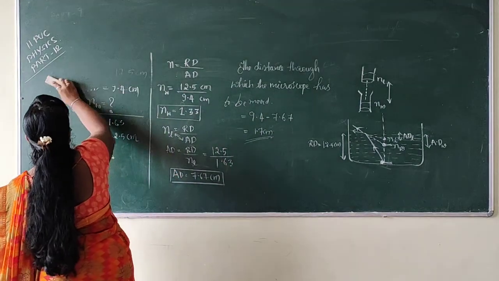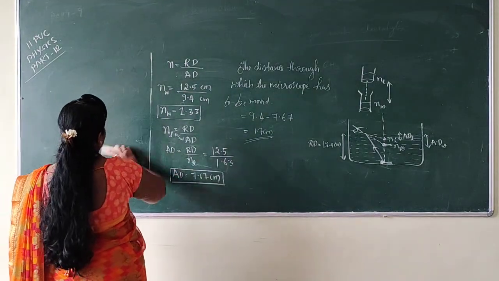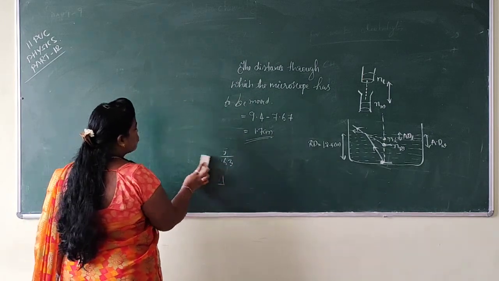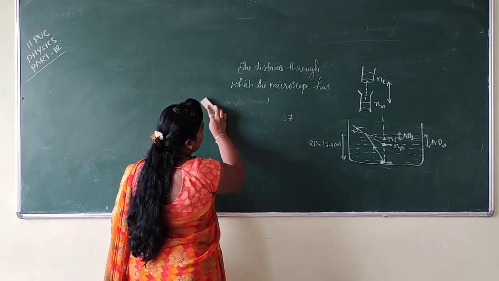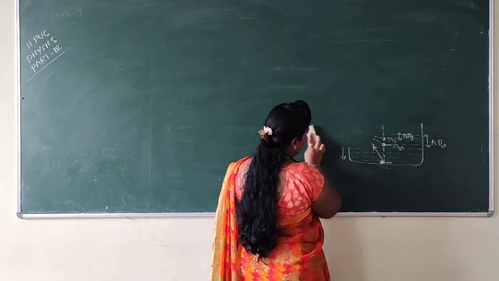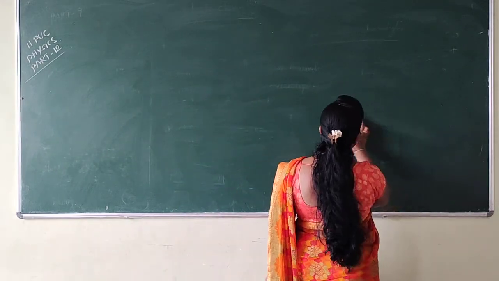This was question number 4. Hope you have written the question. You can observe that here they have given two sub-questions: one with a convex lens and another with a concave lens. Let us solve it clearly.